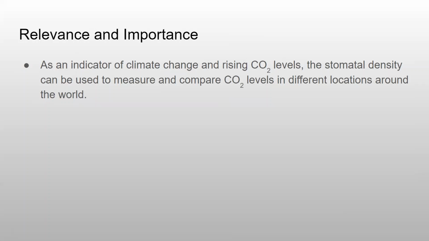With an increased effect of climate change and growing levels of greenhouse gases, such as carbon dioxide in our world, stomata densities can be used to measure and compare carbon dioxide levels in different locations.